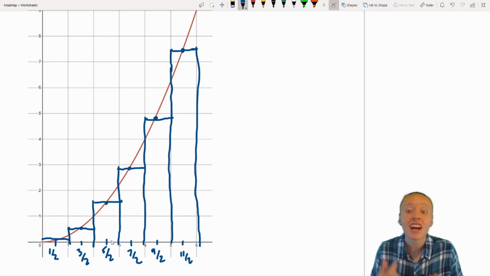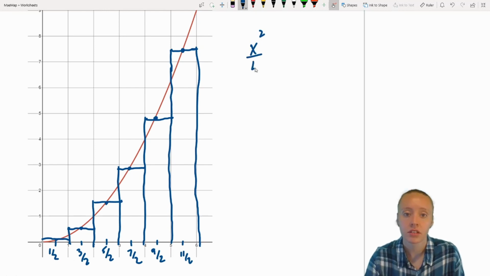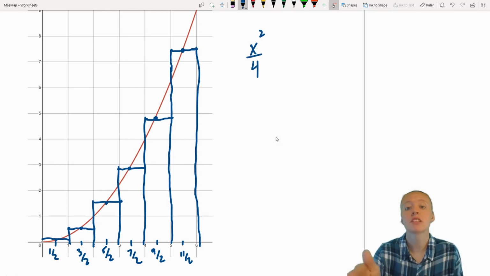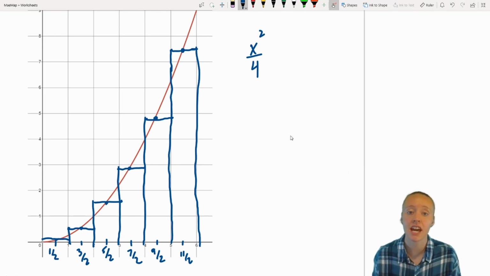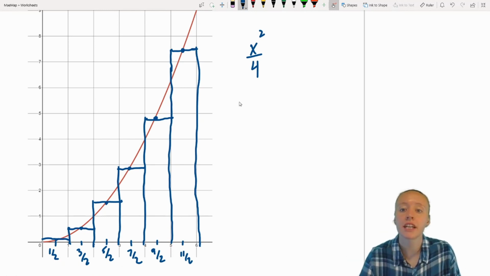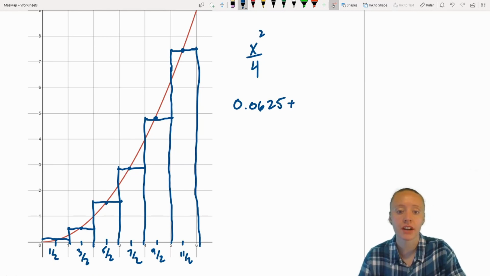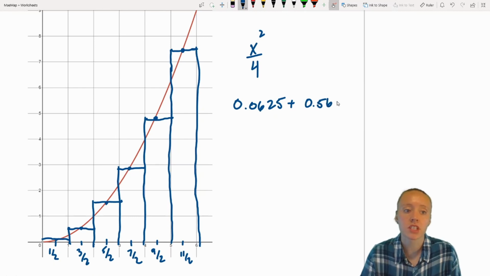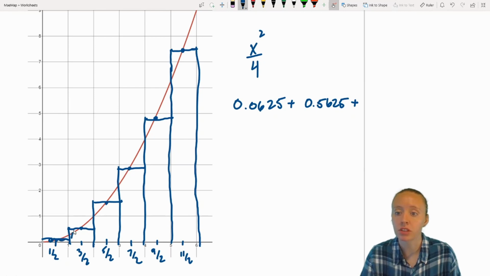Remember, each still has a width of 1. So with that width of 1 and multiplying it by a height, the height is going to be the area. So I'm going to enter in 1/2 into my function, 3/2, 5/2, 7/2, 9/2, and 11/2, and calculate each of those. So going through that quickly, my first rectangle has an area of 0.0625, and I'll add that to my next rectangle, which has an area of 0.5625, and then I'll add that to, so far I've calculated my 2 rectangles.